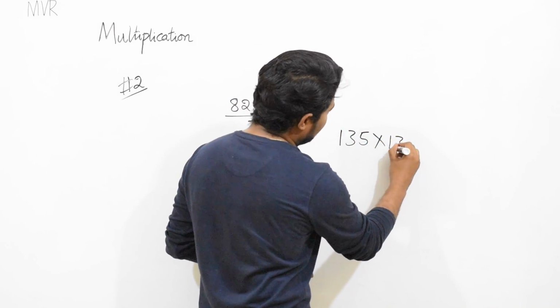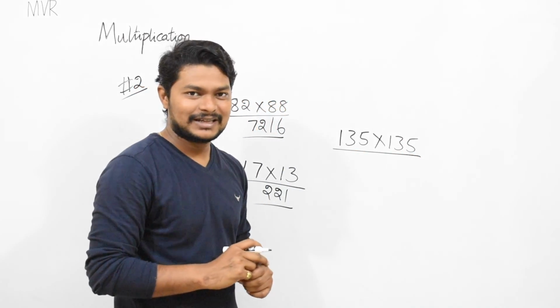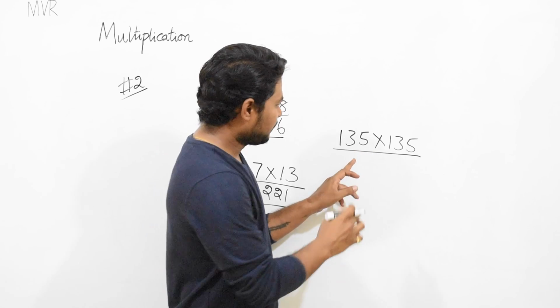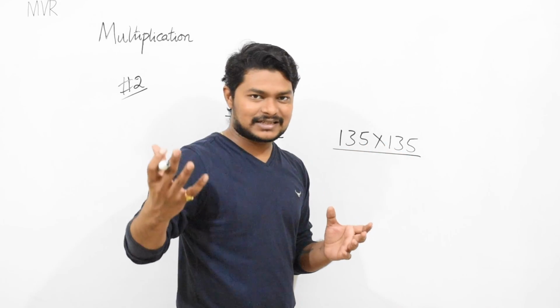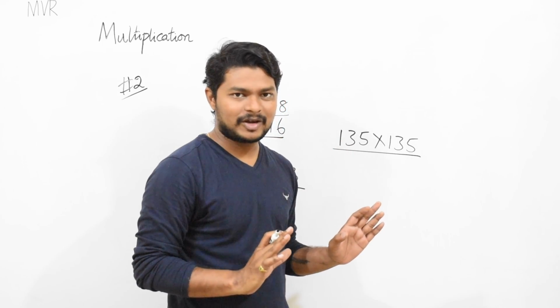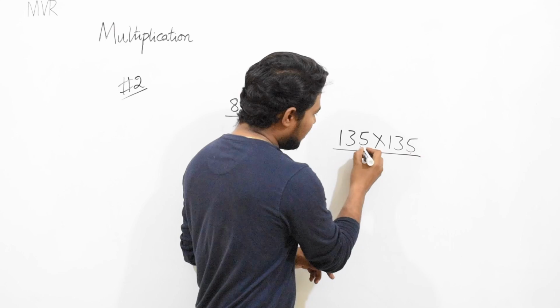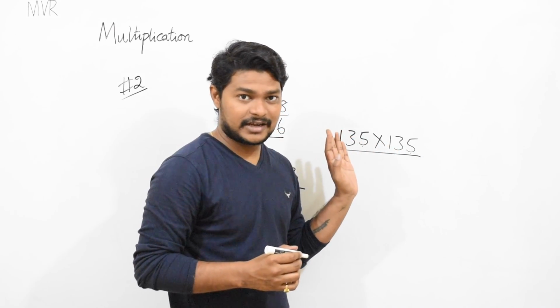135 into 135. Maybe some big example we have seen. Okay, no problem. See, here it is like the last kind of example, like method 1. You can solve in method 2 also. Why? Because here units value is 5 and tens and hundreds place are same.